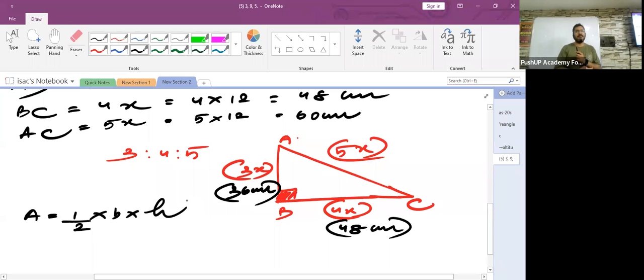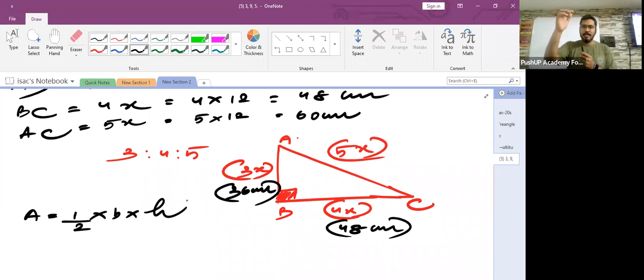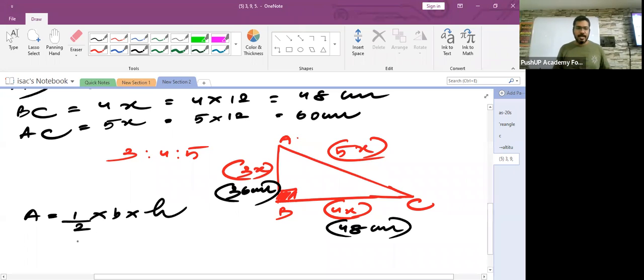I can use the formula, isn't it? What would be the base, Ronia? In this case, what would be the base of the triangle? Hemant, Rehan, it is 48, BC, isn't it? Yeah.